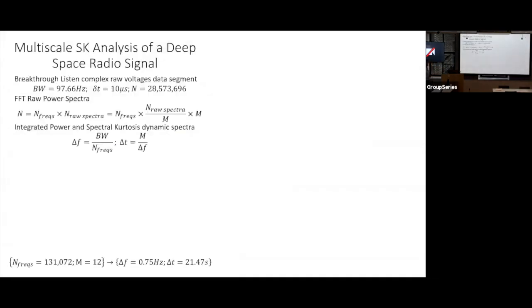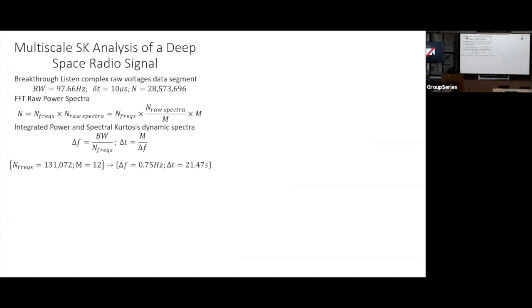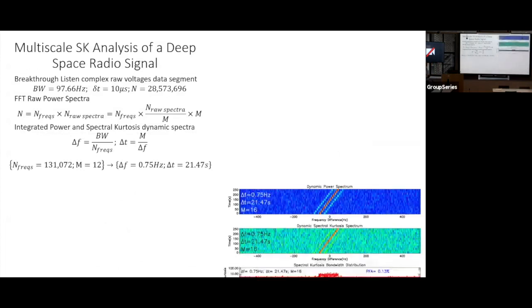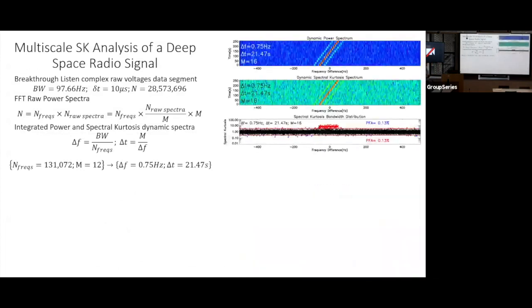Another example from the Breakthrough Listen is another deep space radio signal captured by one of their instruments. Here I didn't do any integration. What I did, I computed for this signal the power, dynamic spectrum, and the spectral kurtosis corresponding to that spectrum.